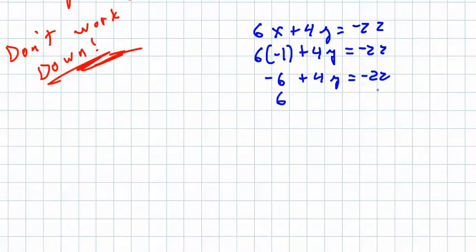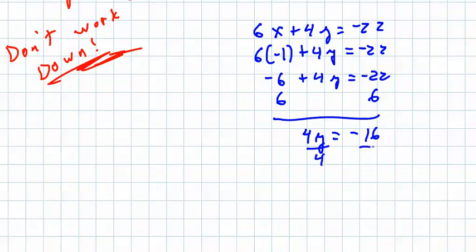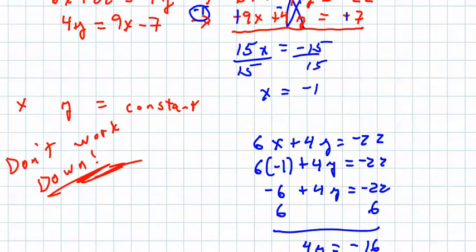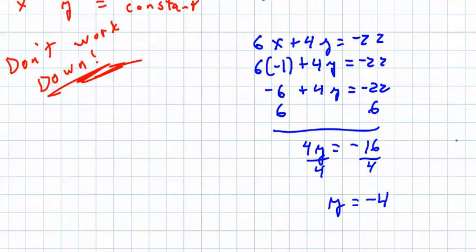We add 6, 4y equals -16, divide by 4, divide by 4, and y is equal to -4. So x is -1, y is -4. That is the answer.